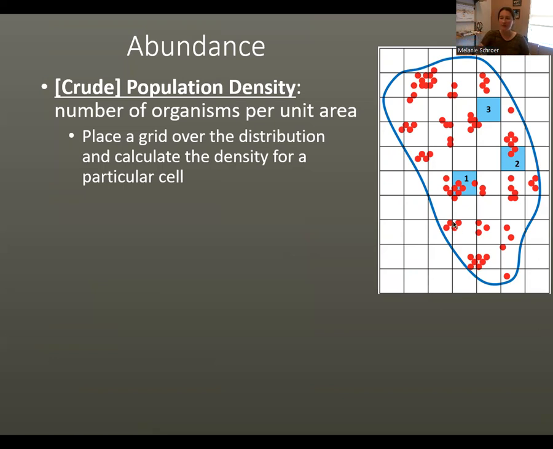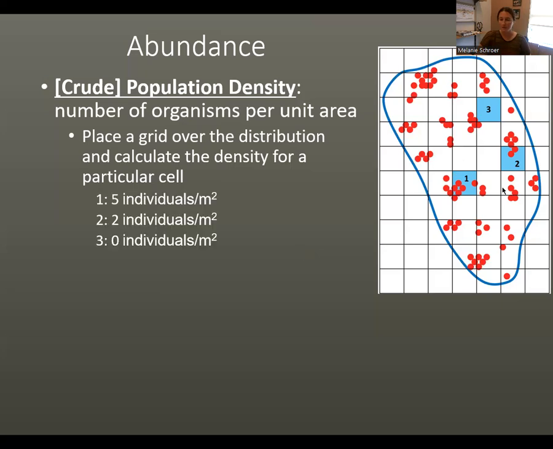Okay, so essentially, again, all of these red dots are individual organisms. We have drawn a blue line indicating the distribution of this random organism. Okay, if we place a grid over that distribution and sample a few, not just one, but a few of these cells of the grid, we can calculate crude population density.